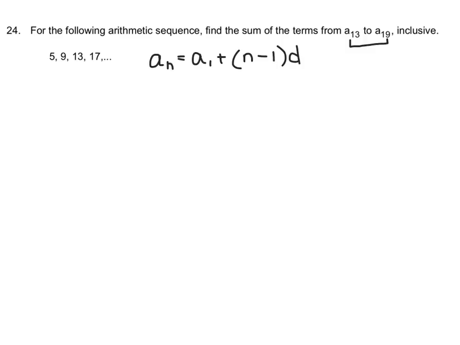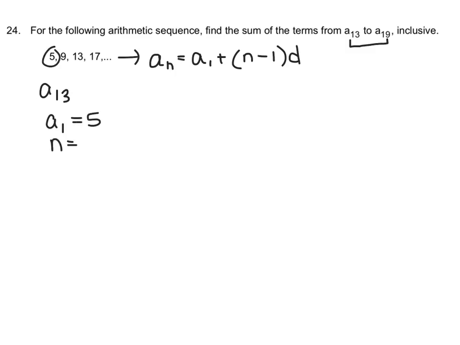In order to find the sum, we're going to first find A13 and then we'll find A19. So to find A13, we need to apply this formula. Now A1 is the first term in the sequence, which is 5.